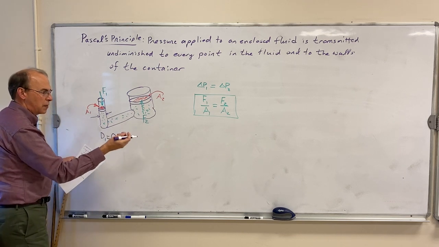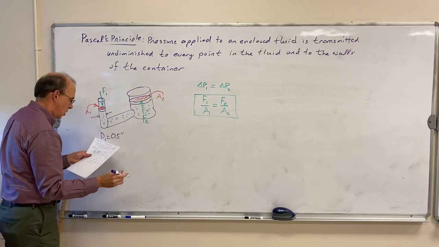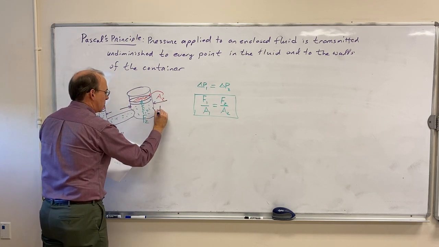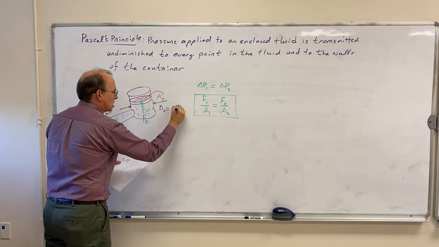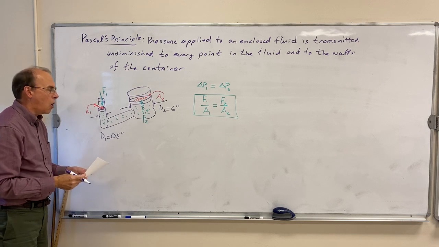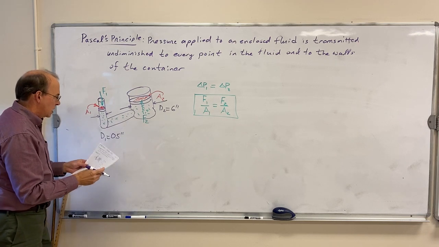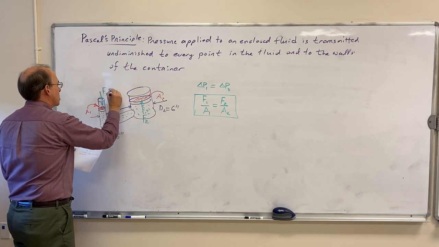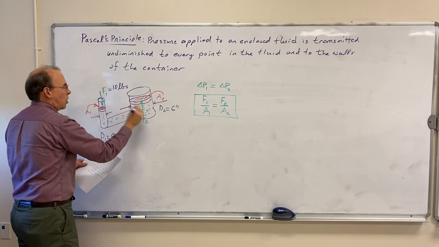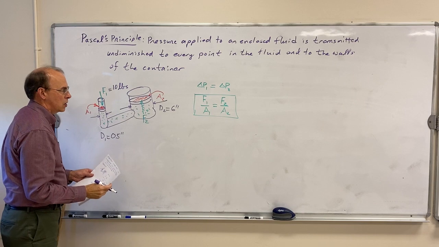So a little thing about the size of this marker. And let's suppose over here, this is about the size I've got it drawn, D2 is about 6 inches. So this would be about the size if you've ever seen one of these lifts lifting a car up in a shop. And let's suppose I apply a force here, F1, of 10 pounds, and I want to see what force I get out over here.